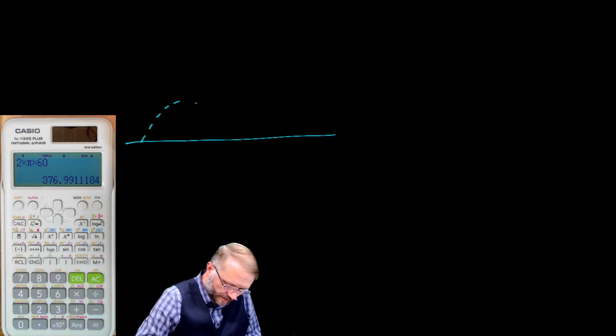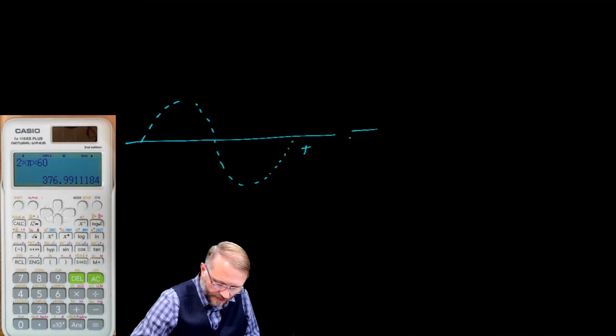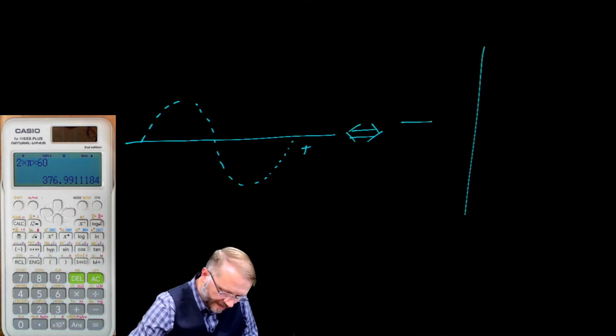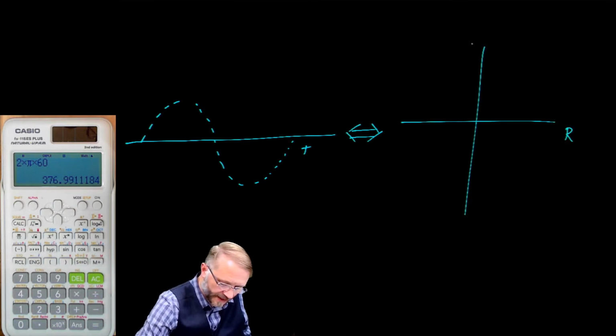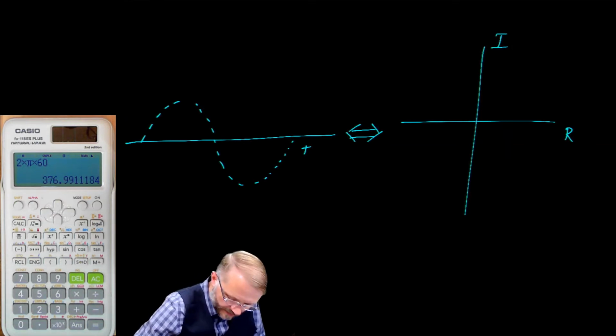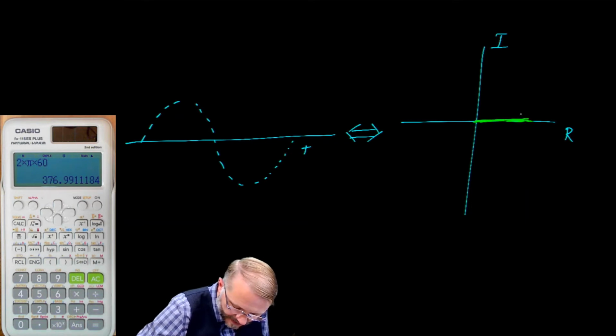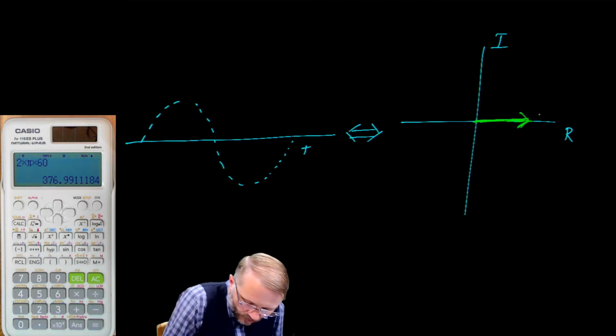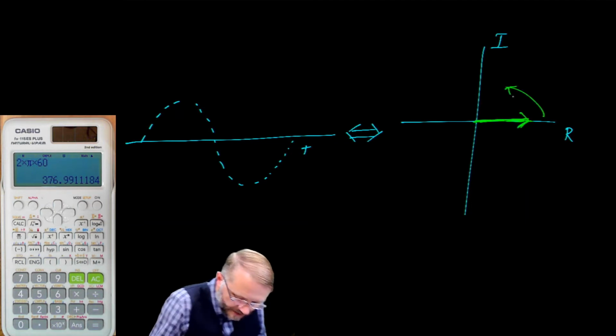In the previous lecture, we described how this sinusoid, which is developed from a generator as a function of time, could be thought of as a vector on the real and imaginary axis, rotating in that direction.